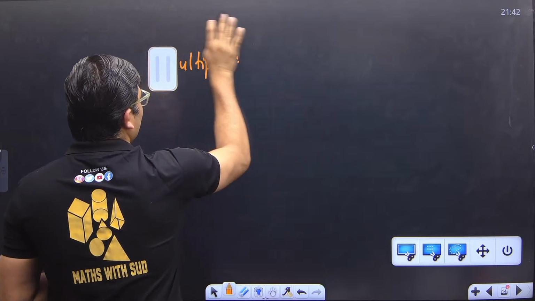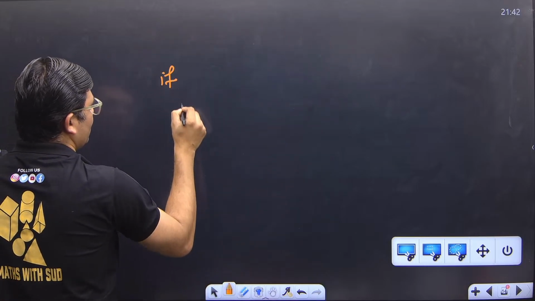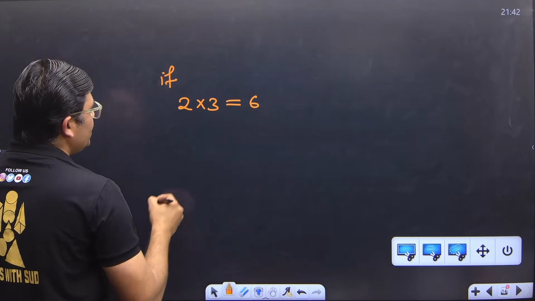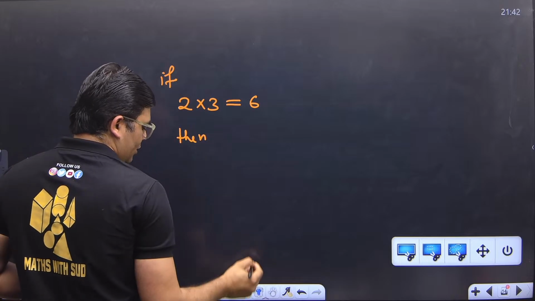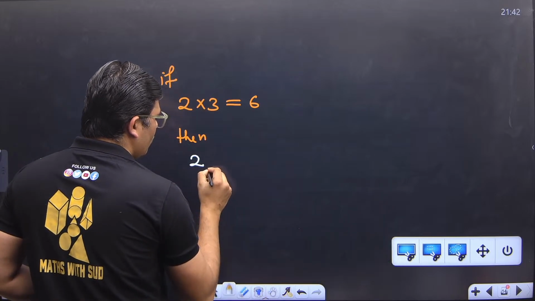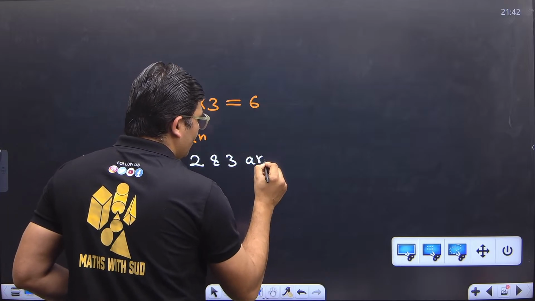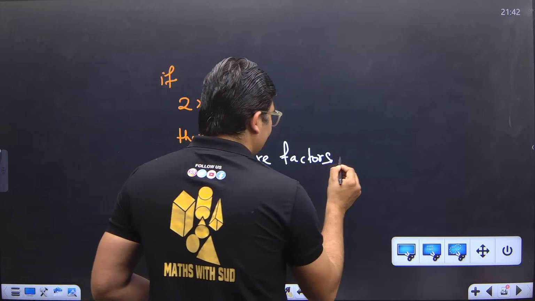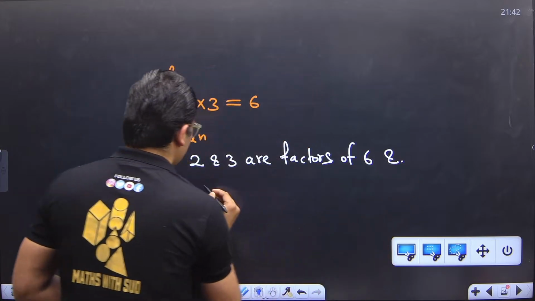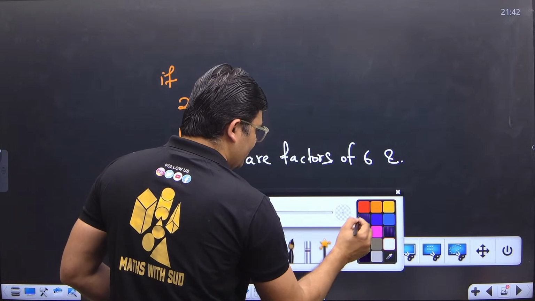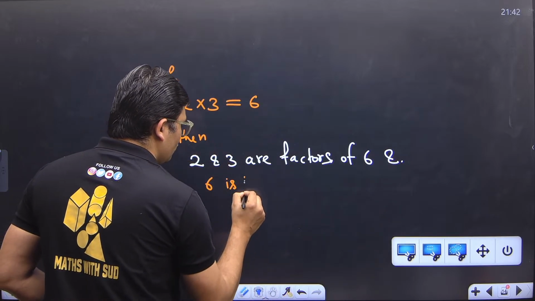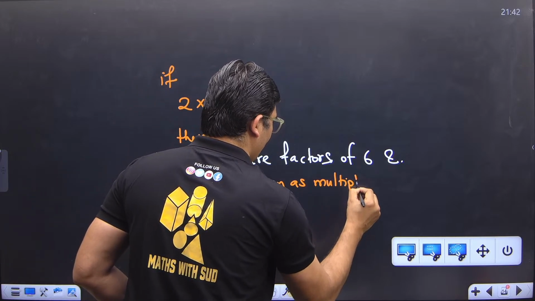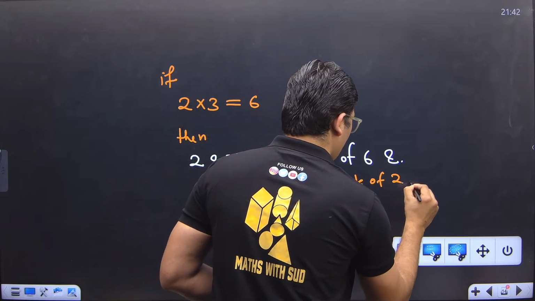I will write: if 2 into 3 is equal to 6, then 2 and 3 are factors of 6, and 6 is known as a multiple of 2 and 3.